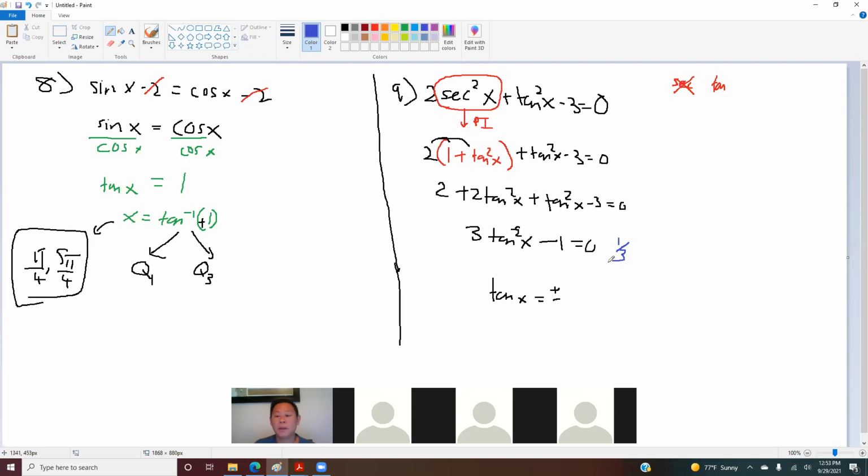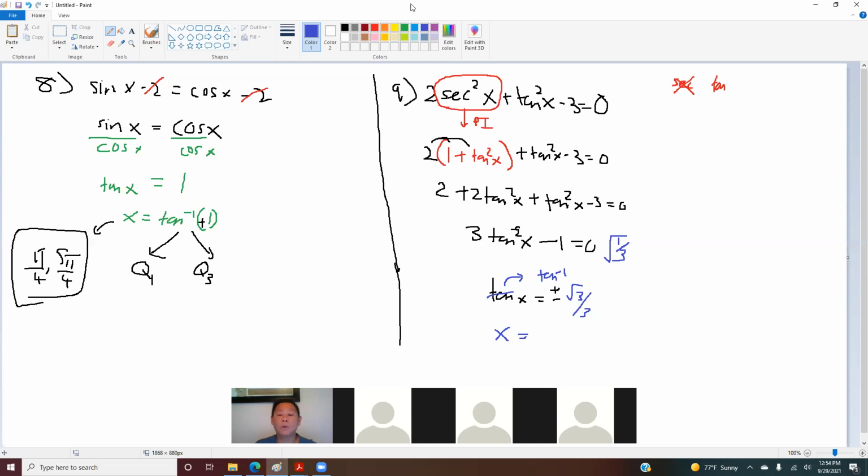Plus or minus, 1 divided by 3, and take the square root of this. Can someone rationalize this for me? Would it be root 3 over 3? And then I move the tangent over there, so it becomes arctangent. And because there's plus and minus, you have to give me 4 quadrants.